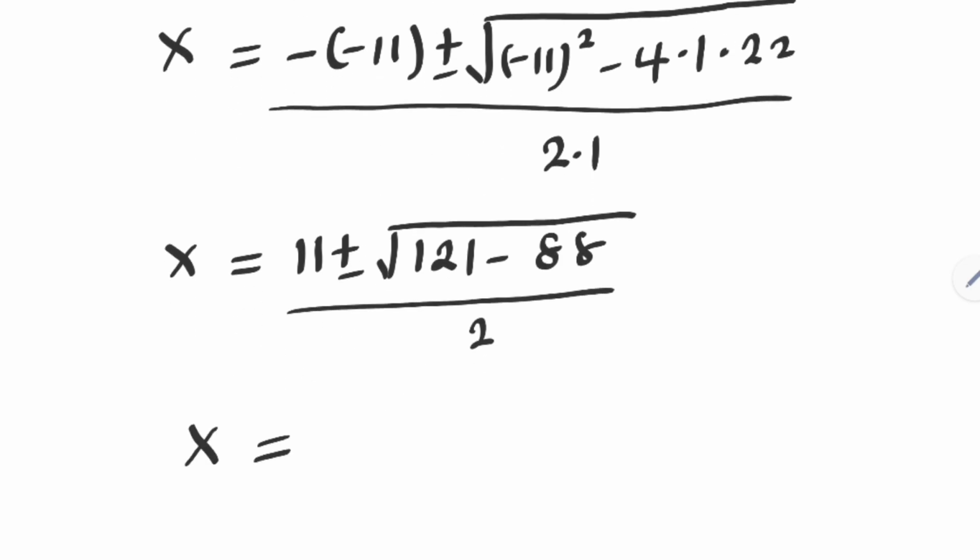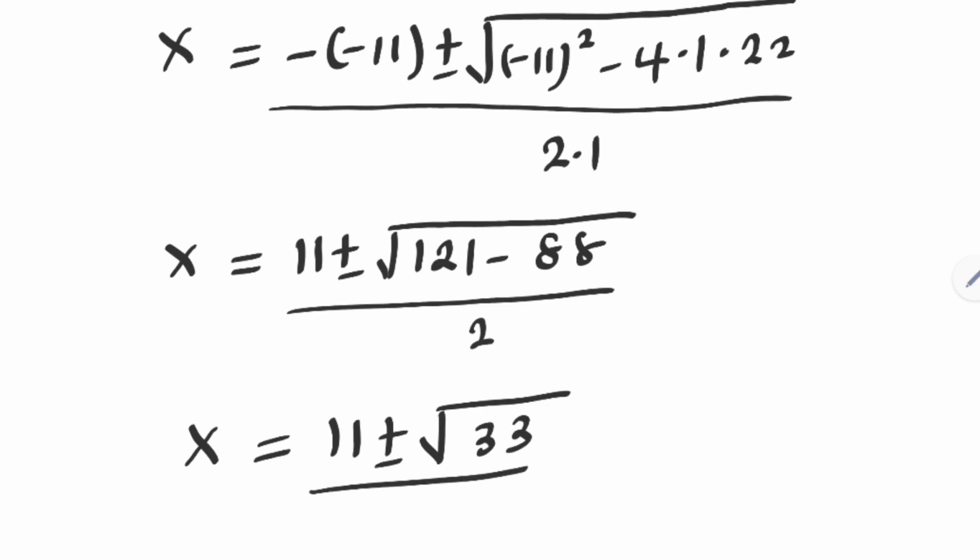S is equal to 11 plus or minus square root of 121 minus 88, that is 33, divided by 2.